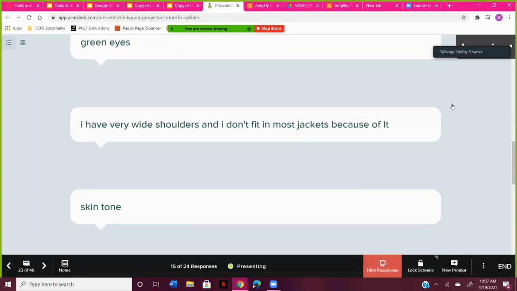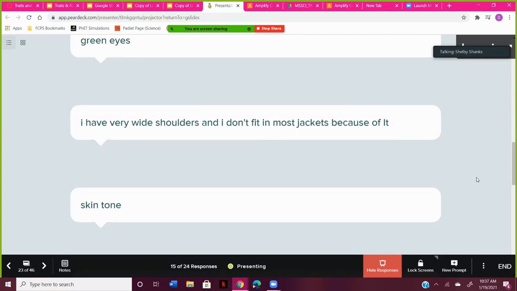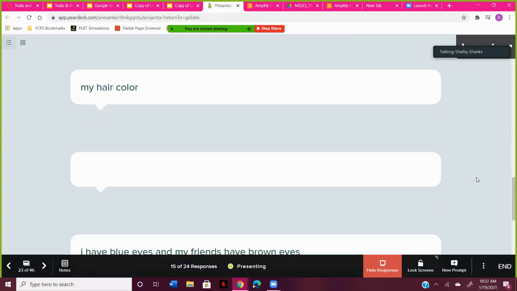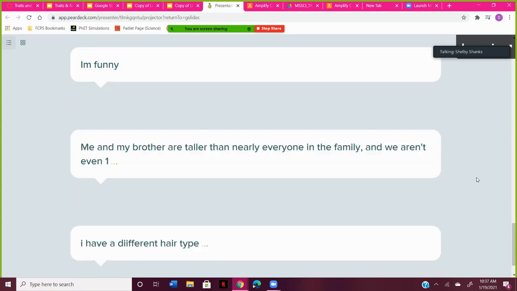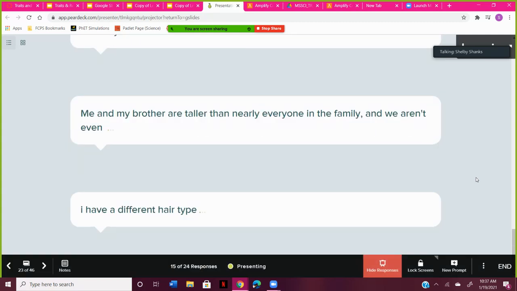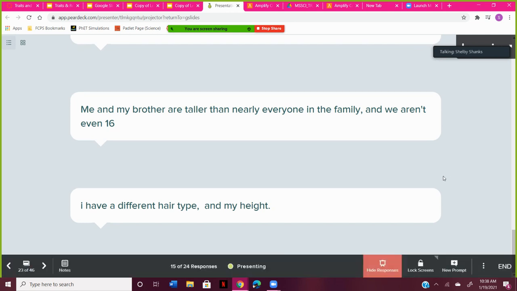Hey, same. You have wide shoulders and don't fit in most jackets because of it. Skin tone, your hair color. You have blue eyes. Your friends have brown eyes. I'm funny. Oh, Lord. You're taller. You have different hair type and your height.